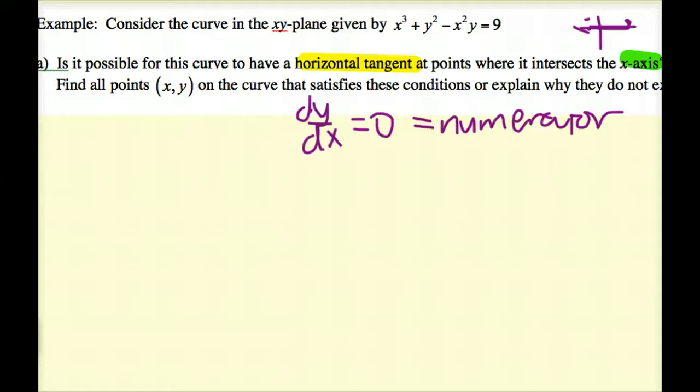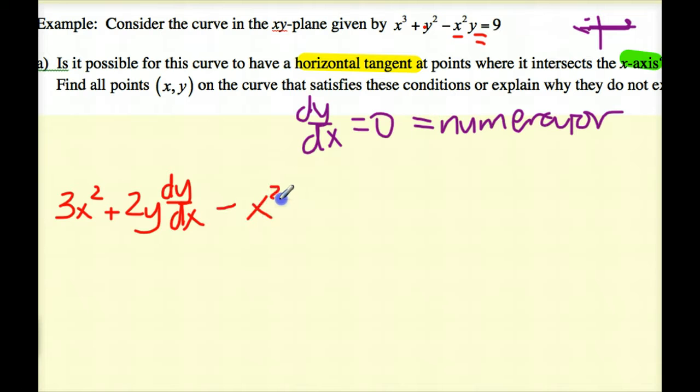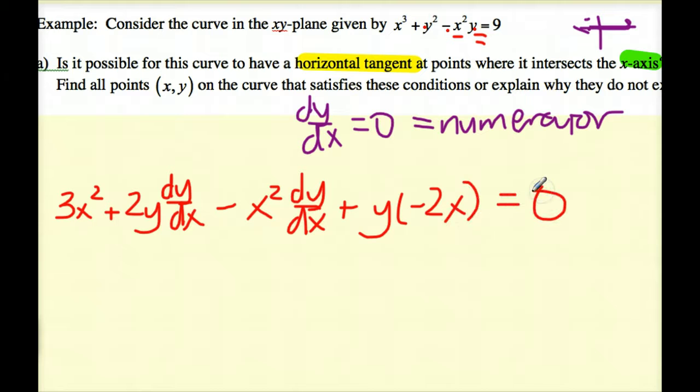So let's take our derivative, 3x squared plus 2y dy dx, since this is a y, right? Then I see I have the product rule. The first term times the derivative of y is dy dx, plus the second term y times the derivative of the first is negative 2x equal to 0.